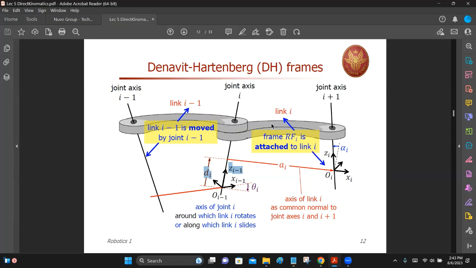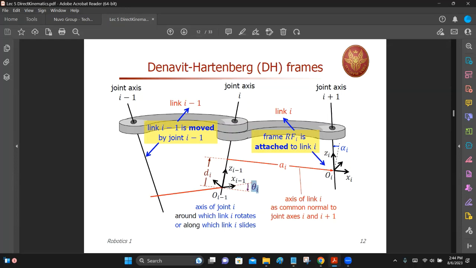So this is basically the motion of joint I. It rotates link I with respect to link I minus 1 by this angle, and also it moves up or down link I with respect to link I minus 1.